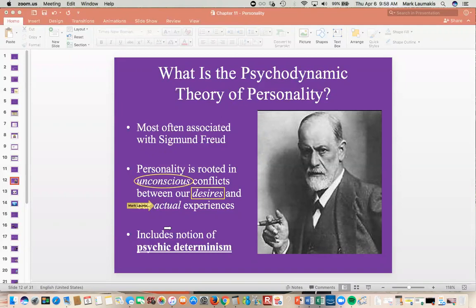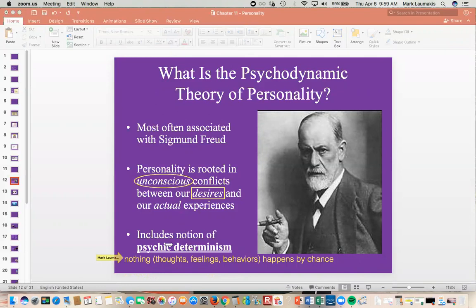Okay. His model also includes the notion of psychic determinism. What is that about? Well, I'll try to add a note down the bottom here, right? That nothing in terms of our thoughts, feelings, and behaviors happens by chance. That's the central idea with the psychic determinism notion. Nothing in terms of our thoughts, feelings, and behaviors comes out of the blue.